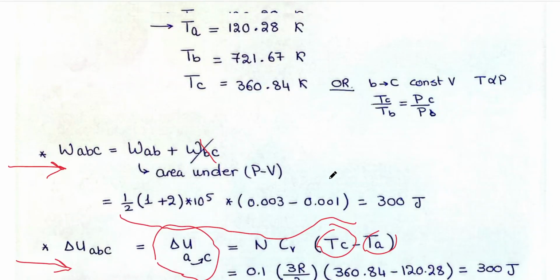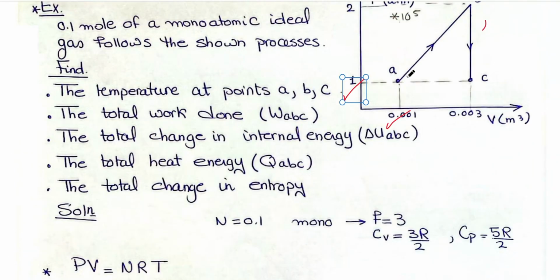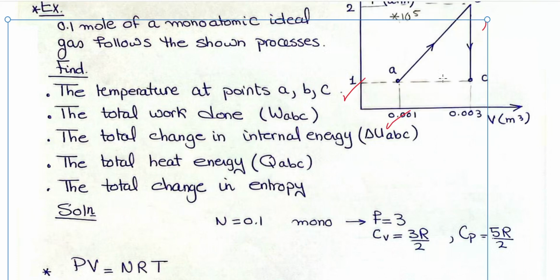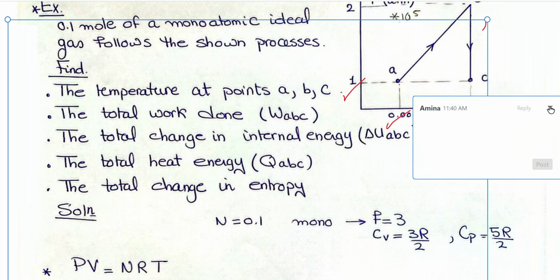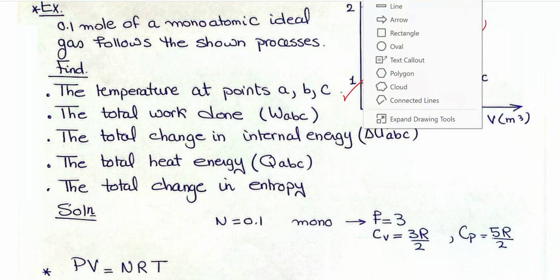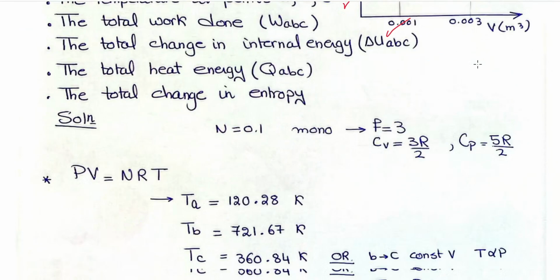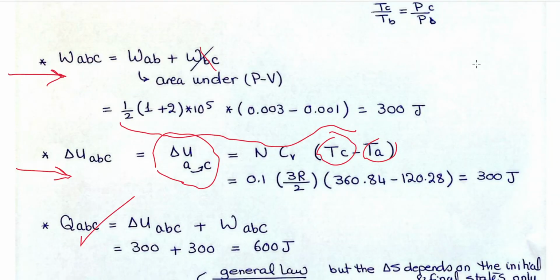Or I can assume that I have a constant pressure process from point A to point C. If you have a constant pressure process, as if the gas is going straight from A to C, I can use nCp ln(Tc over Ta).